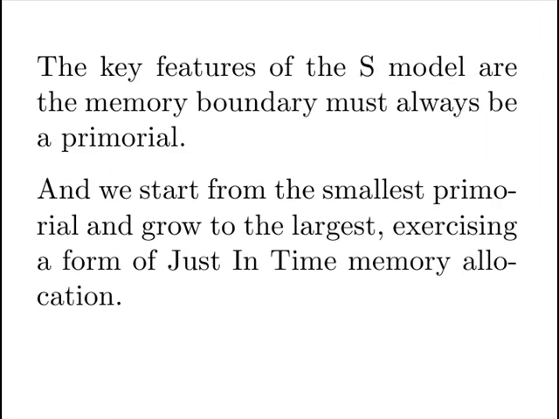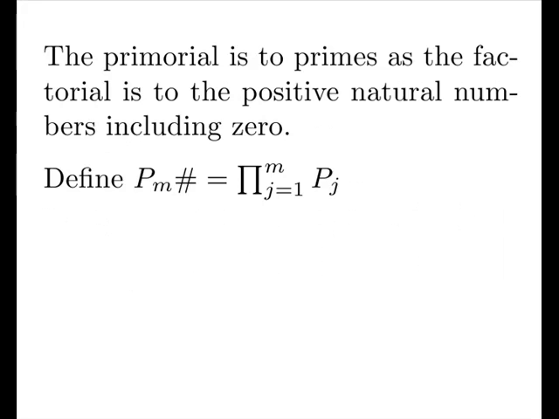The key features of the S-model are the memory boundary must always be a primorial, and we start from the smallest primorial and grow to the largest, exercising a form of just-in-time memory allocation. The primorial is to primes, as the factorial is to the positive natural numbers including 0.